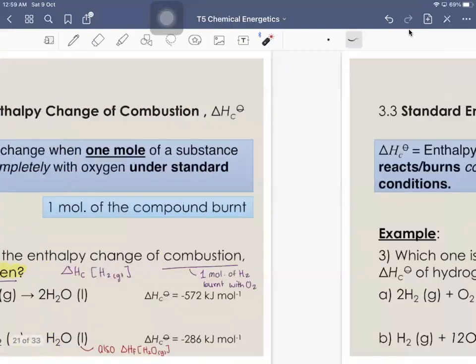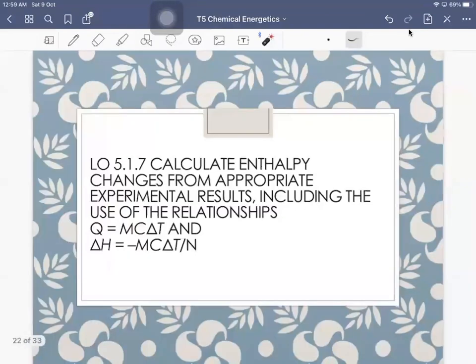Okay, next. So we are now going to calculate the enthalpy changes from appropriate experimental results, including the use of the relationships Q equals MC delta T and delta H equals negative MC delta T over n.